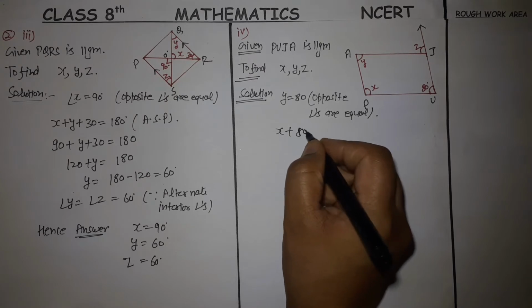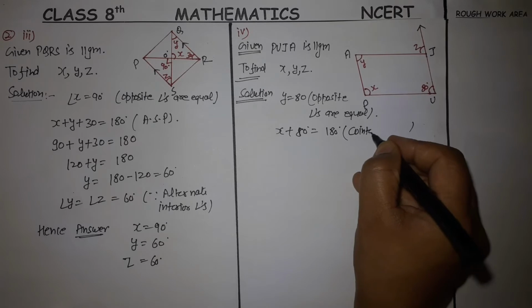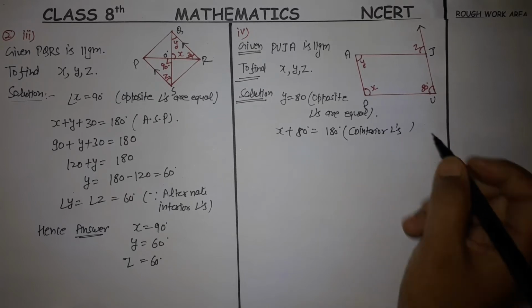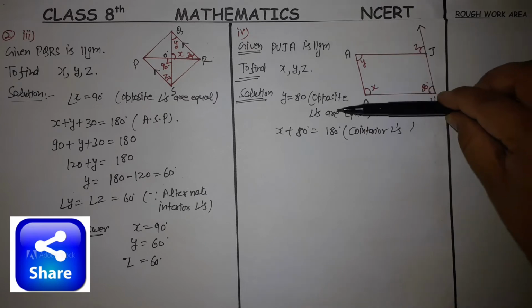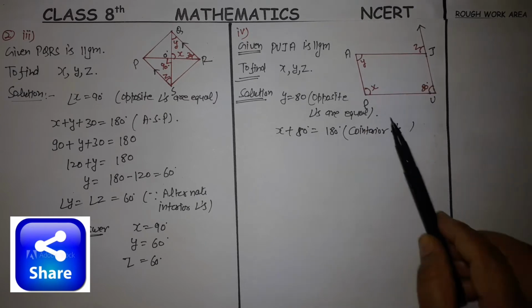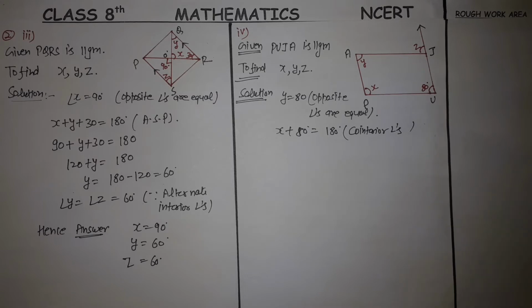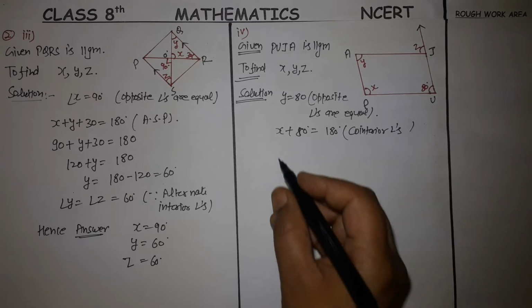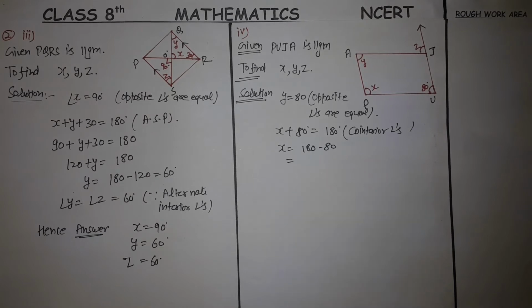Reason, co-interior angles. These two lines are parallel with a transversal. The two interior angles on the same side of the transversal have sum 180, called co-interior angles, which we already discussed in the parallel lines property.